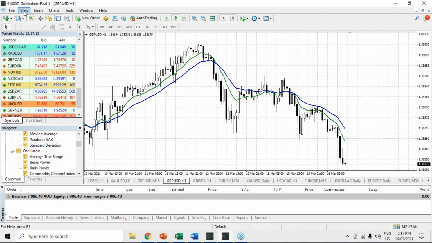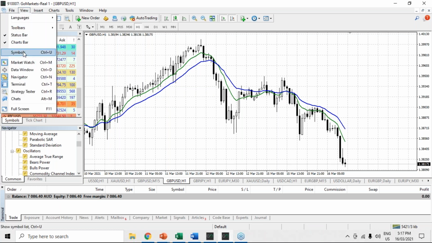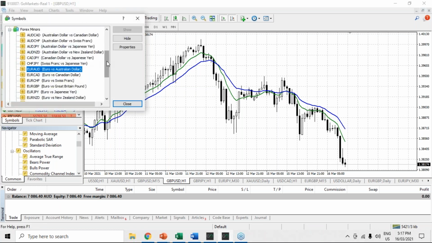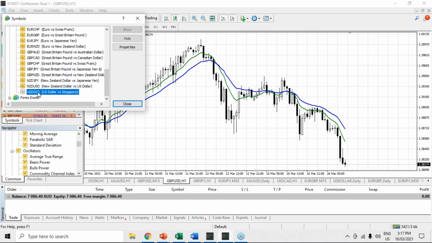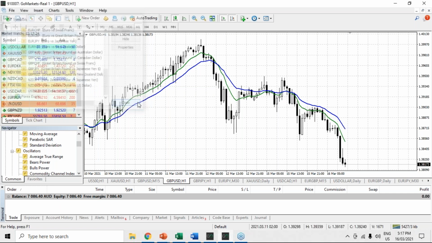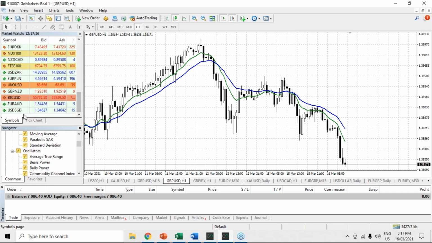If you want to add some more, you simply go into symbols. So if we wanted to add the US dollar Singapore dollar, just click on that, and then close, and you should be able to see that. At the bottom, you can see that is an exotic as well. Not massively bad, but you've still got a pip and a half to make up.